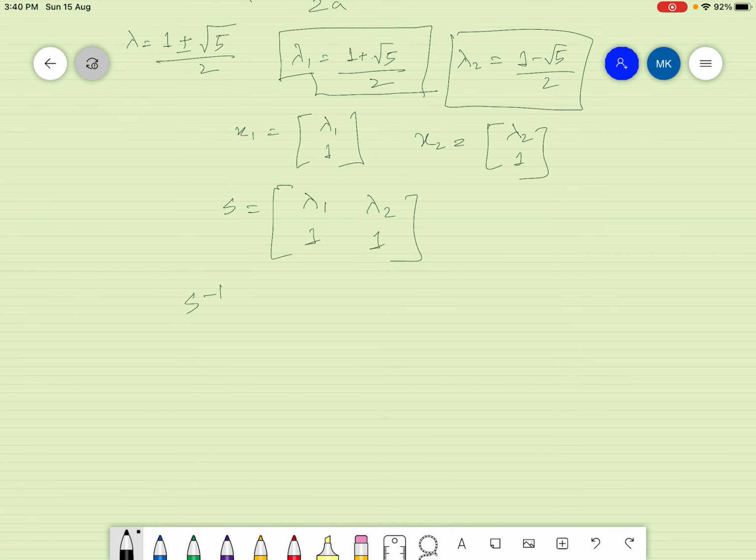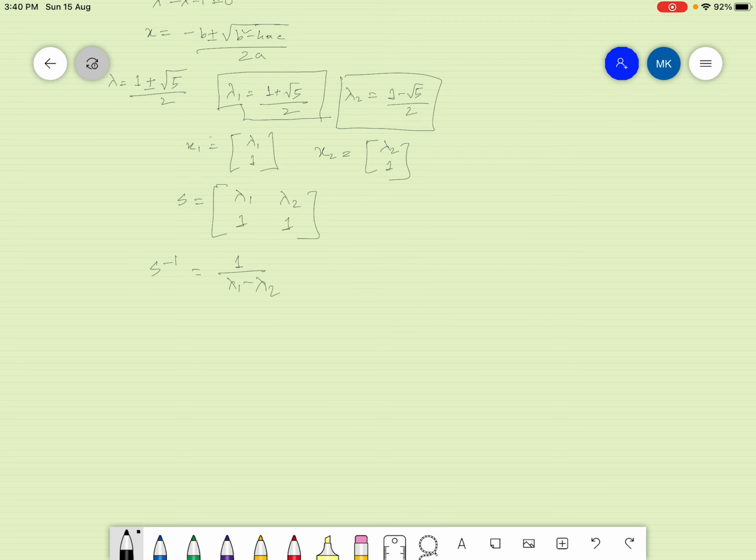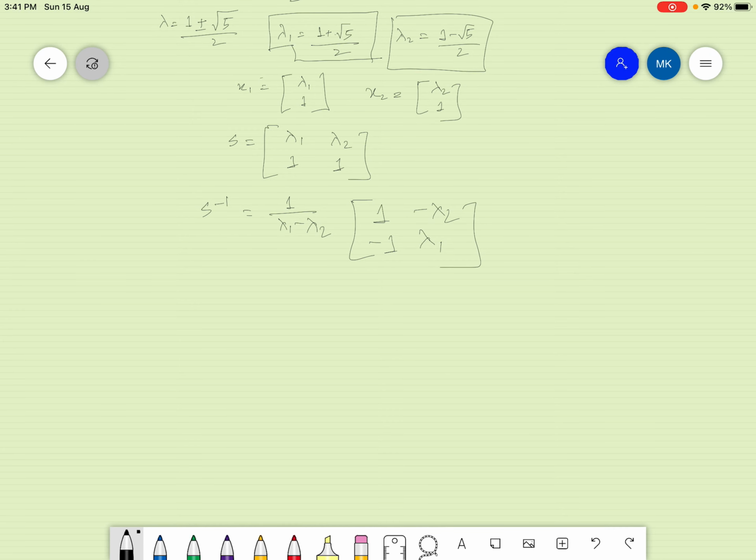And S inverse would be 1 divided by AD minus BC, so 1 divided by lambda 1 minus lambda 2, and for inverting it would be [[1, negative lambda 2], [negative 1, lambda 1]]. So we had A equals S lambda S inverse, so we need to find out the lambda here.